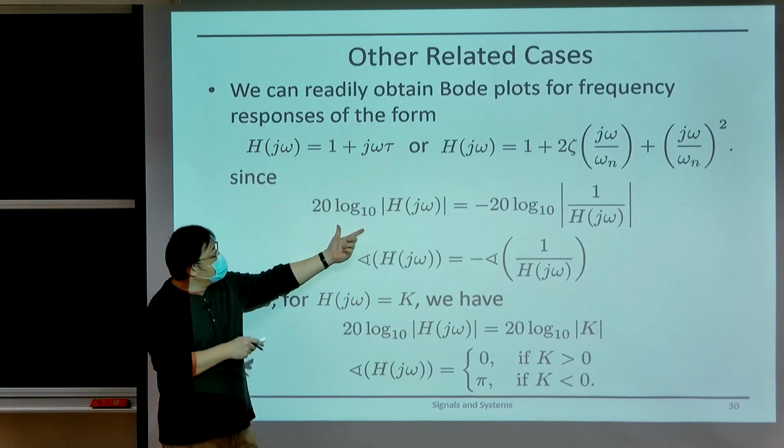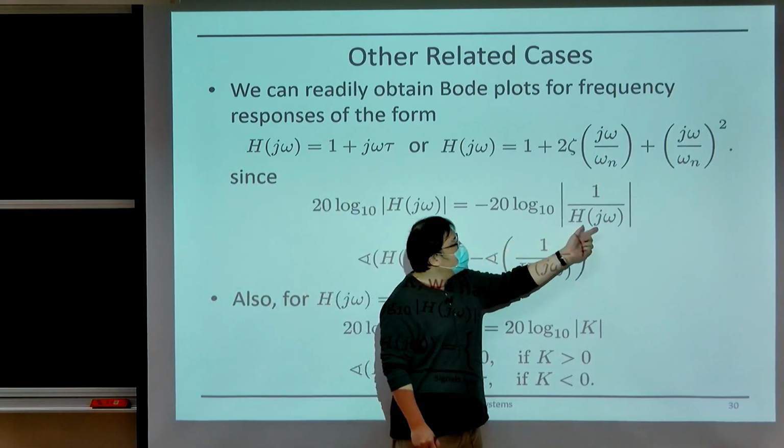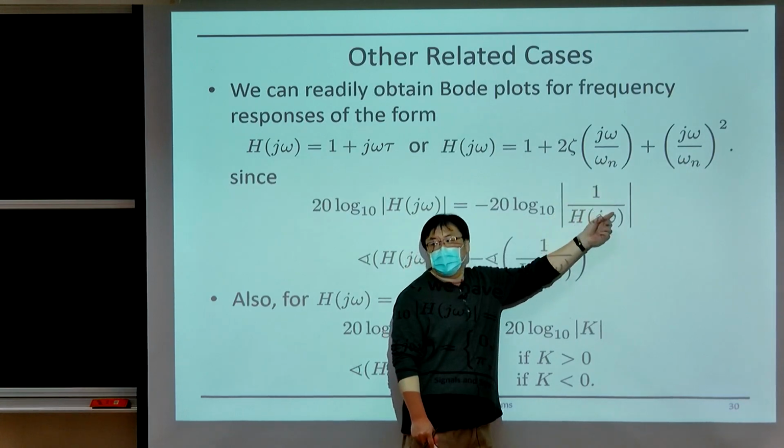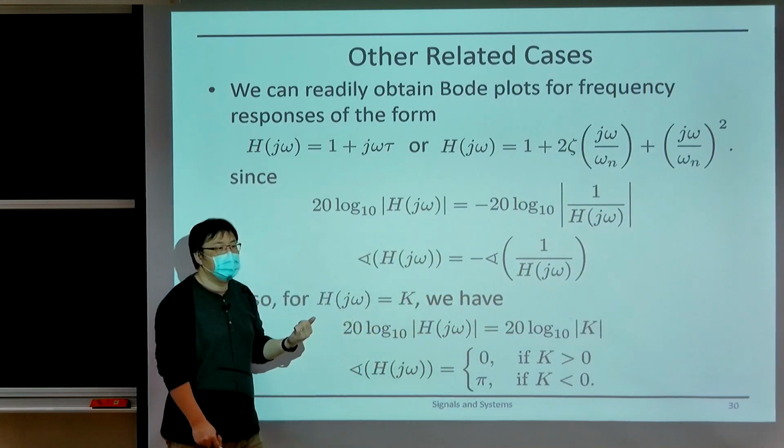You can actually compute minus 20 log of a system with frequency response 1 over h. And if you plug h inside here, 1 over h is actually the frequency response of the first order system we obtained before. Okay?